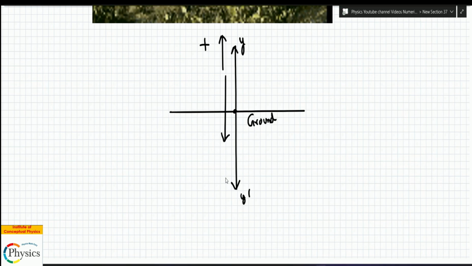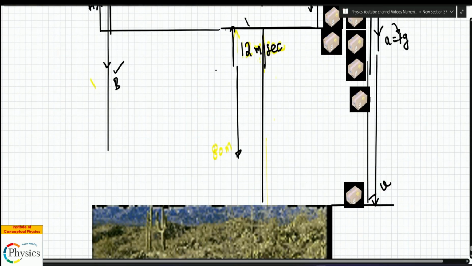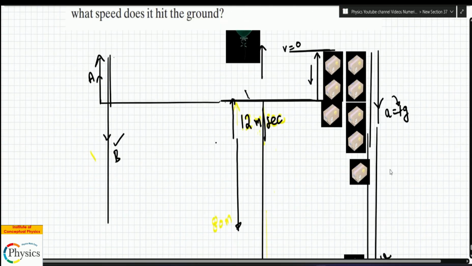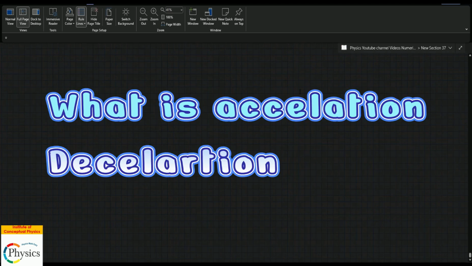So instead of focusing on that, like I told you, here I just casually wrote plus g. I wrote plus g because I felt it's accelerating. So before we dwell deep inside sign convention, let's be very clear that we understand what is acceleration and deceleration.